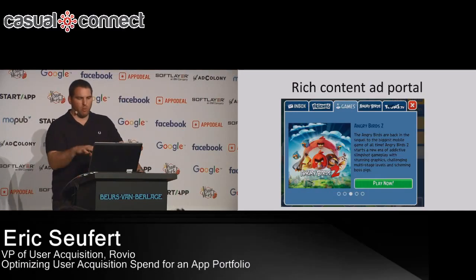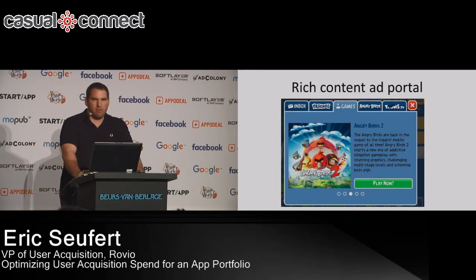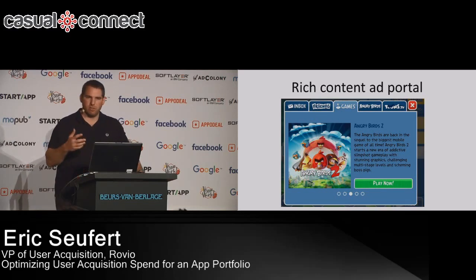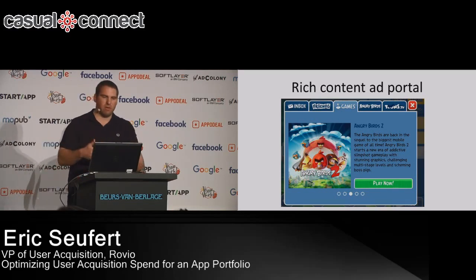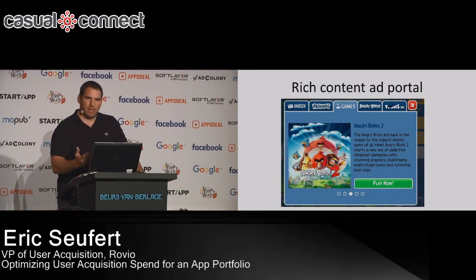It's a portal, and on the left you have your inbox, which is actual game content. The next tab is game-related content for Angry Birds Friends. If there's an event coming up in the next week, the PM could write some content and put it in that stream, and the user can go there every day and find out new information about the game that they're playing.